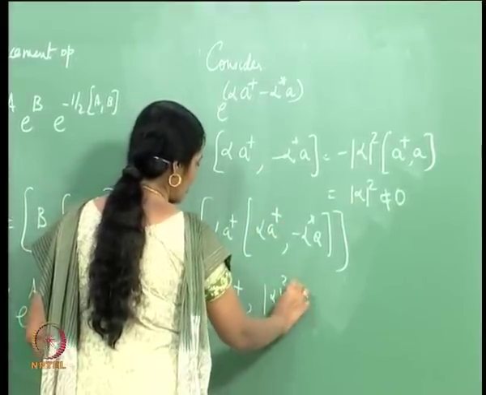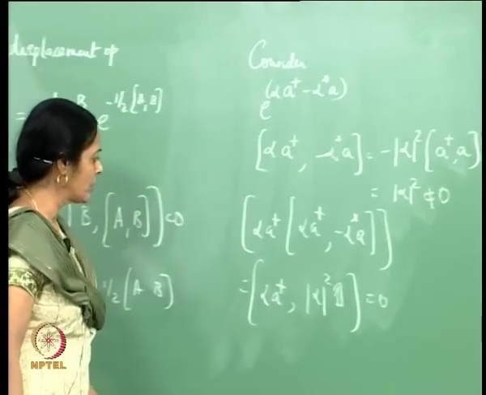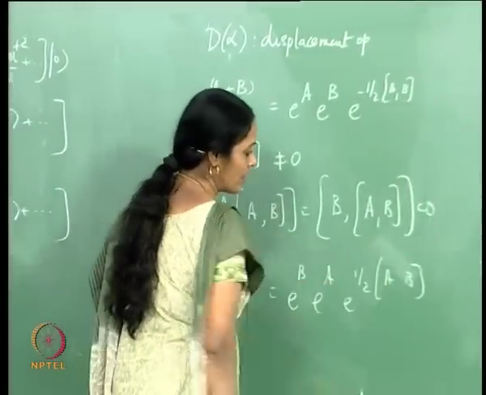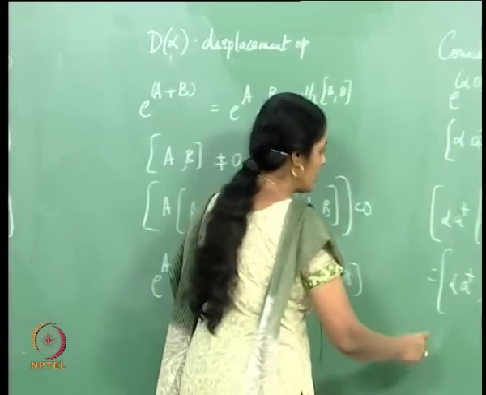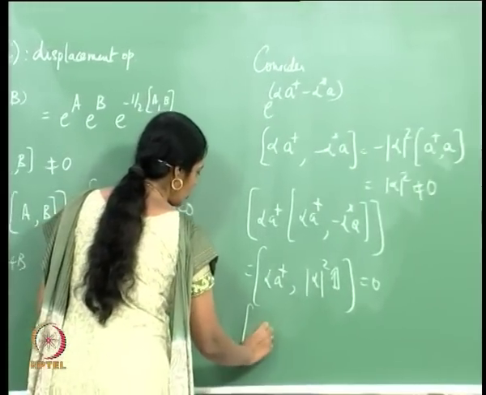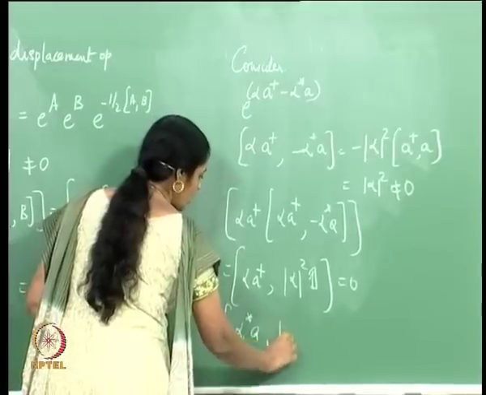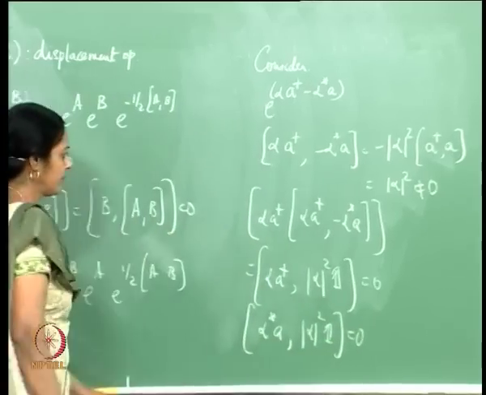So this is mod alpha squared times the identity operator, and since any operator commutes with the identity operator, the commutator of a with b in this example is 0. Similarly, you can see that the commutator of b with b is 0, because the commutator of alpha star a with mod alpha squared identity is also equal to 0.